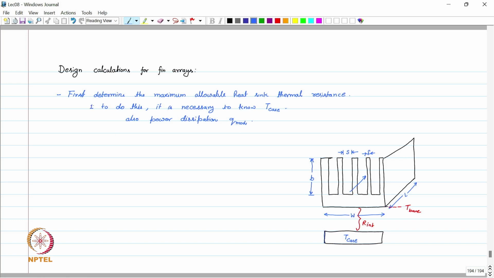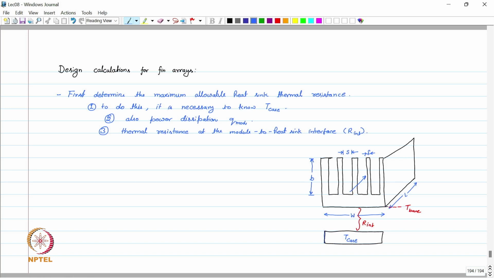This is the first point we need to measure, this is the second, and the third one is we need to know the thermal resistance at the casing and heat sink interface, which is Rint.